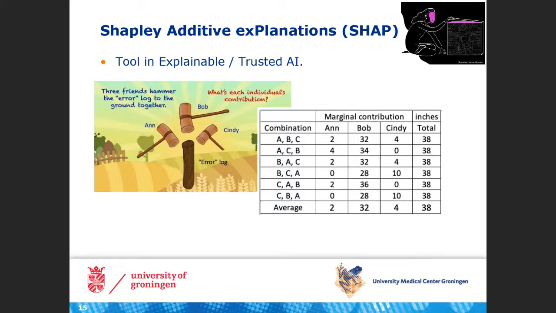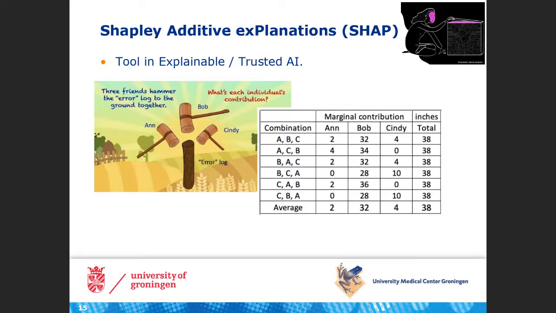For example, you have 3 persons, Anne, Bob, and Cindy, ABC, and these friends hammer the airlock into the ground all together. But you want to know which person actually contributed the most of it, which feature in your model is most important to your model, and what is the reason why a model makes a certain decision. And that is what SHAP values are.